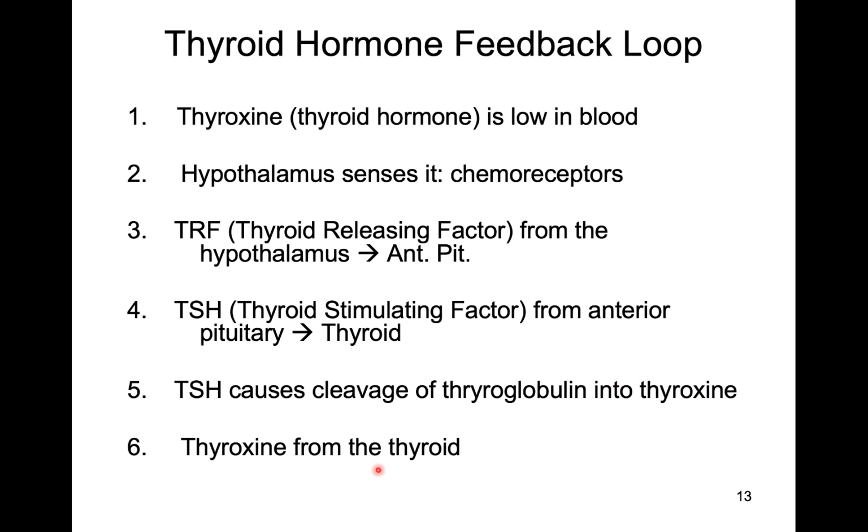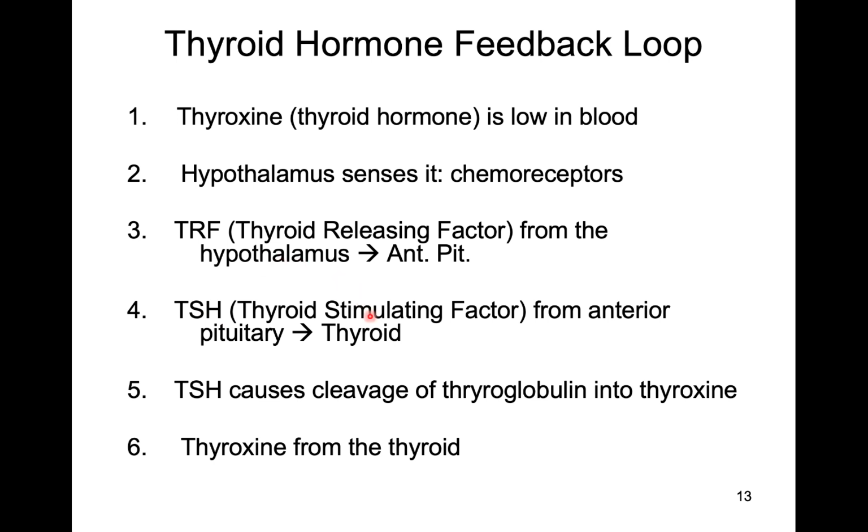So again, one more time through this. If your blood is low in thyroid hormone, the chemoreceptors in your hypothalamus will sense it. They will produce thyroid-releasing hormone. That thyroid-releasing hormone will go to the anterior pituitary for it to produce thyroid-stimulating hormone.